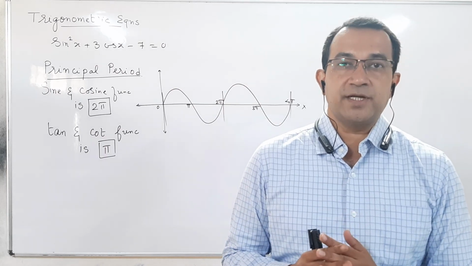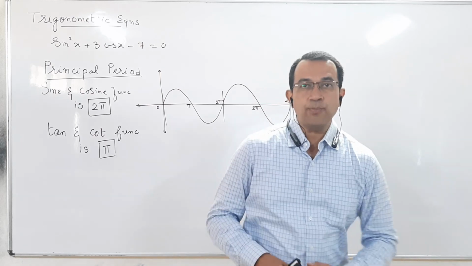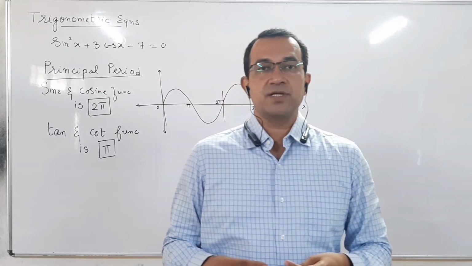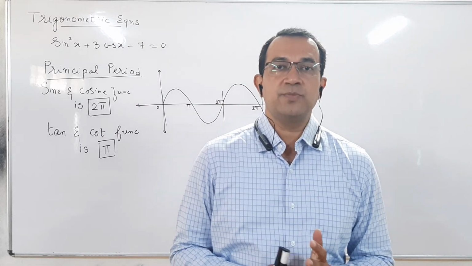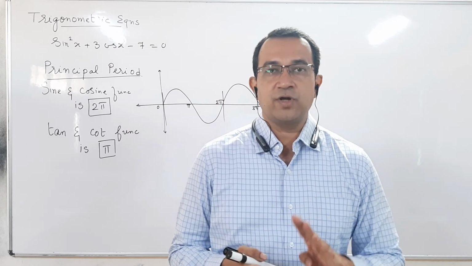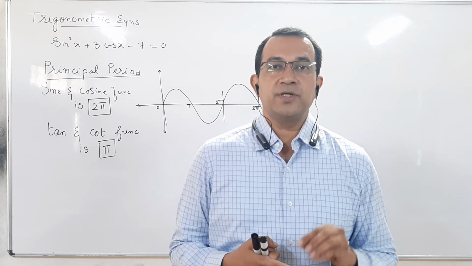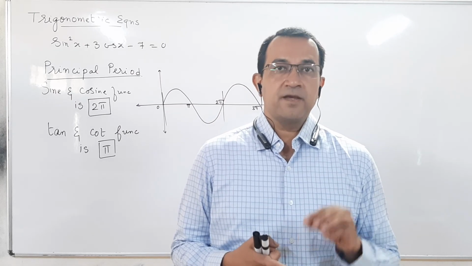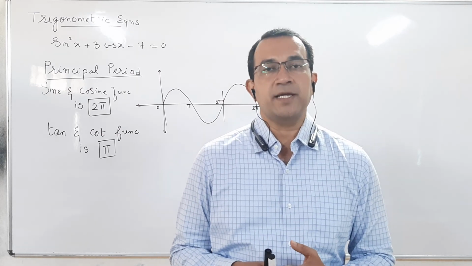So, principal period as a different individual topic is not included in our syllabus. In the old format of the textbook, principal period was there, but for your knowledge, you have to only remember the principal period of sine and cosine functions is 2 pi, and of tan and cot functions is pi.